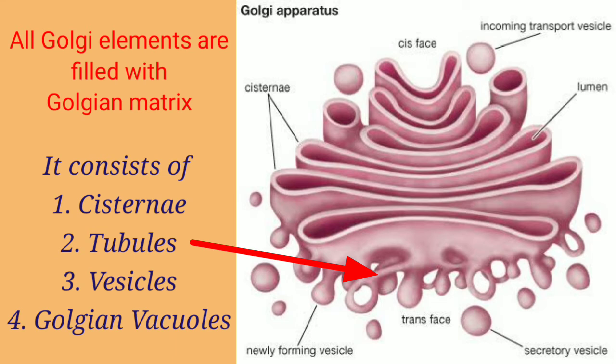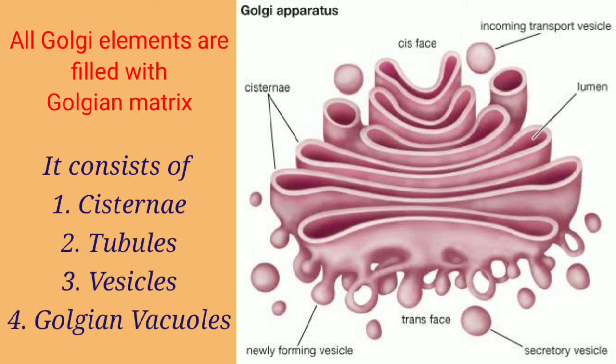And as they are in tubular form, they produce an extensive network of themselves, and they are always lying towards the periphery, that is towards the side of the cisternae. The diameter of these structures is around 30 to 50 nanometer, and they are connected with the cisternae.